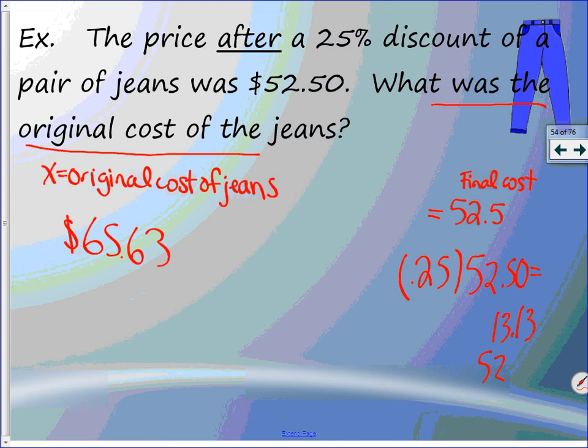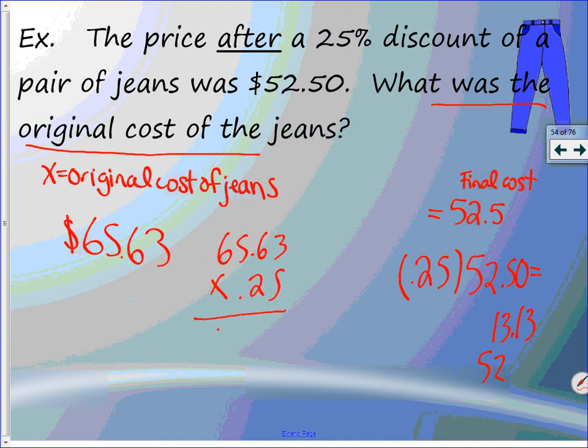Okay, so let's just go through this exercise. If this was the original cost, what is 25% off this? Well, we originally got 13.125, but you rounded it. Okay, let's do this. Get your calculators up. 65.63 times 0.25 is 16.41.